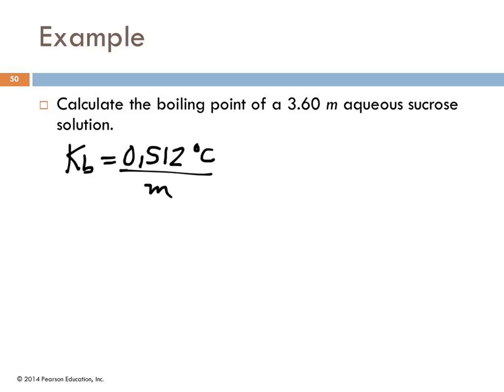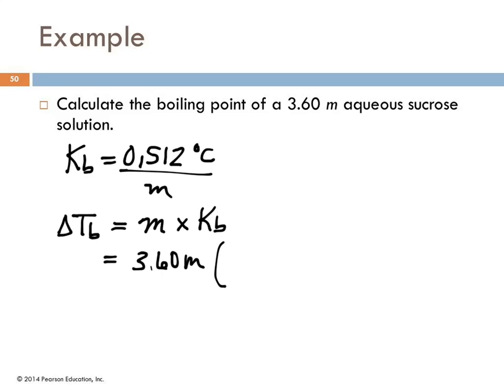And just the units on that constant could help you calculate the boiling point elevation. Boiling point elevation is the molality times that constant. Here the molality is 3.60 times 0.512 degrees Celsius per molal. This is such a dumb word, but whatever.